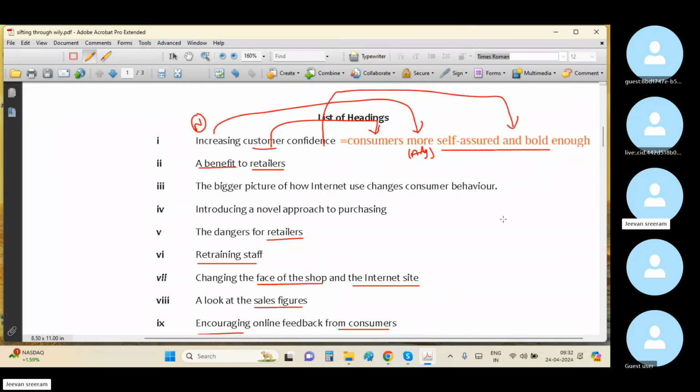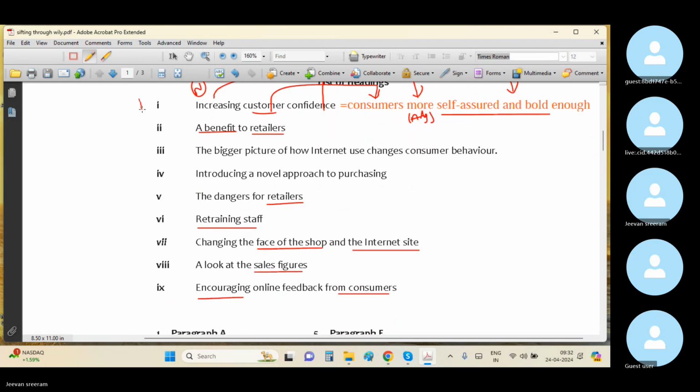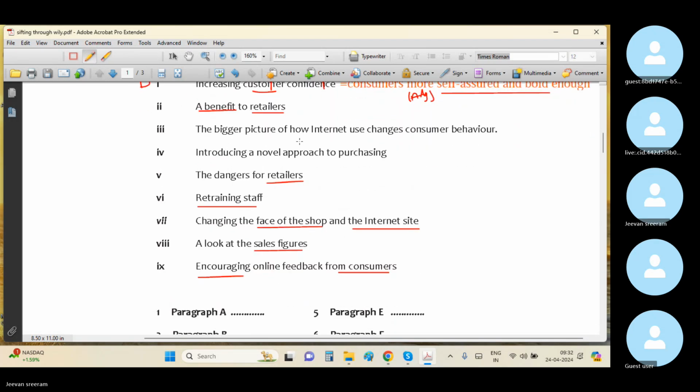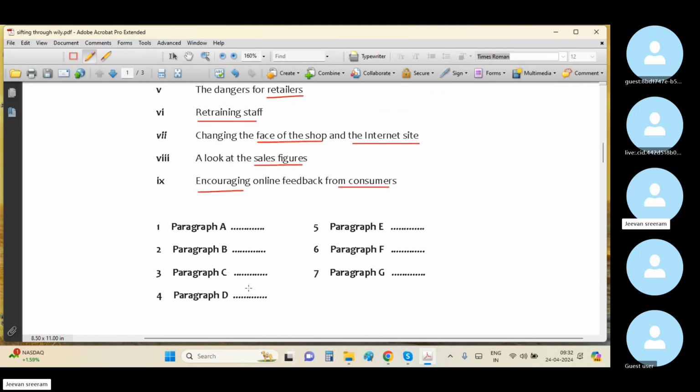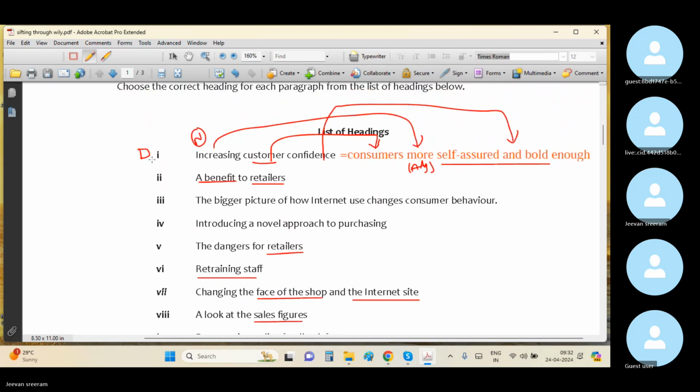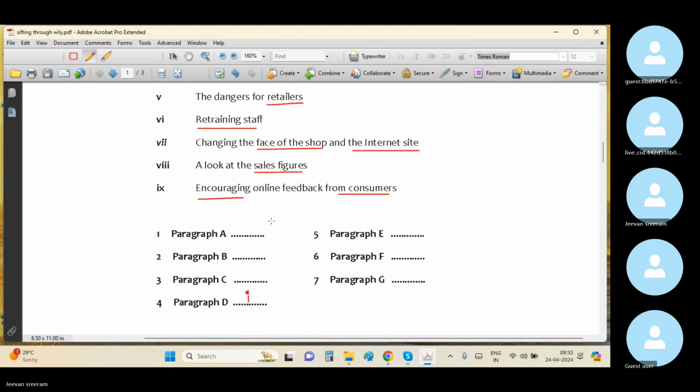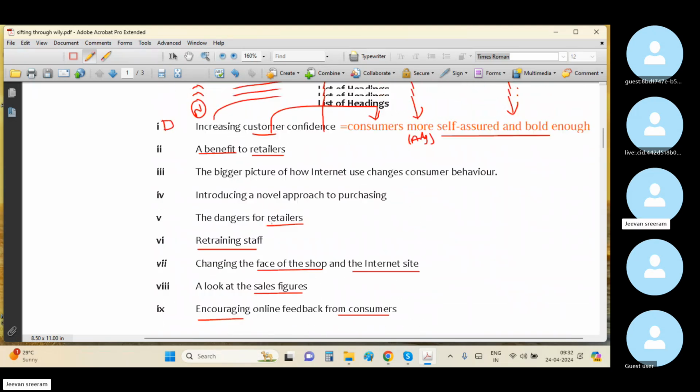So it must be matched to paragraph D. Where is paragraph D? So 1D. D1. Any doubt? Any doubt, buddies?